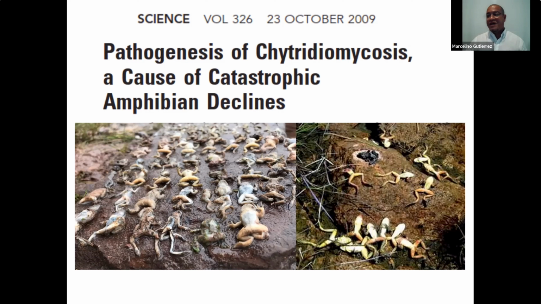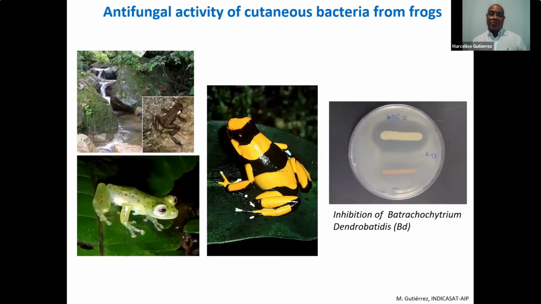In many places this produces complete extinction of many amphibian species. Some scientists found that some amphibians were resistant to this disease, and they found that these amphibians have bacteria that inhibit the growth of the chytrid fungi, as you can see here.